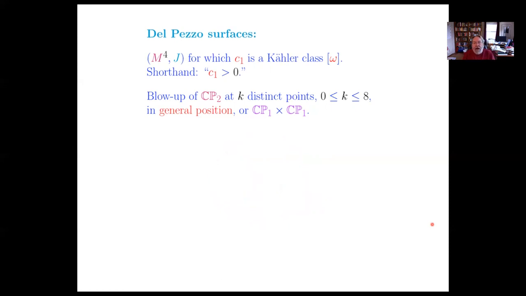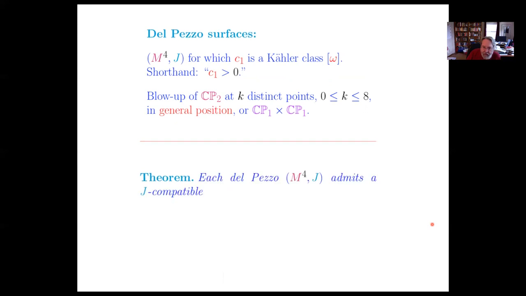All right, so here is the basic theorem that relates this subject to Einstein metrics. Each del Pezzo surface, and now we're thinking of it as not just a 4-manifold but equipped with a particular complex structure for which C1 is positive, admits a J-compatible, conformally Kähler Einstein metric. And here I said conformally Kähler. These are not all Kähler metrics.